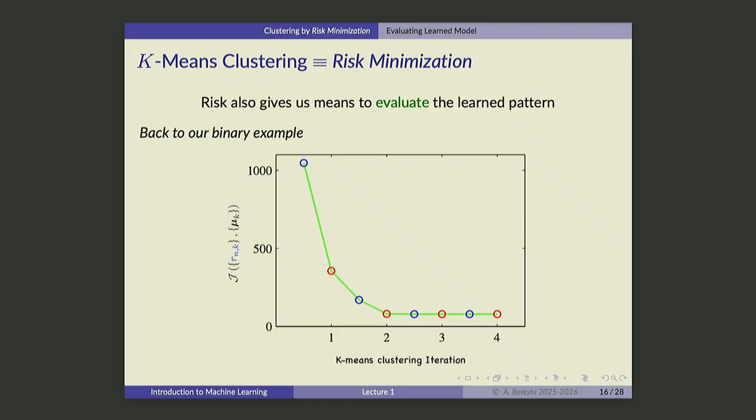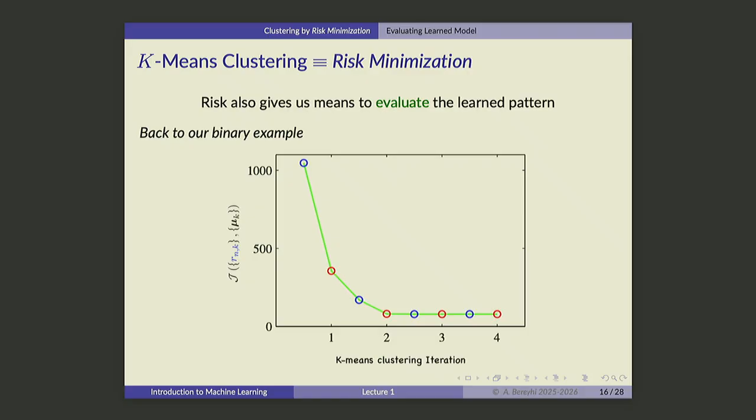Now you do one step of k-means clustering: you assign to the centroids and then update the centroids. After doing this, you drop significantly in terms of the risk. As you do more and more iterations, it drops lower and lower, and then at some point it saturates, gets into a plateau, and this simply means that your algorithm has converged.